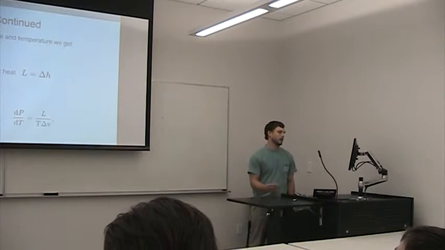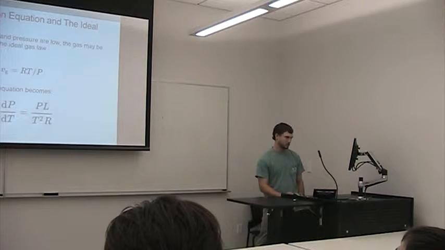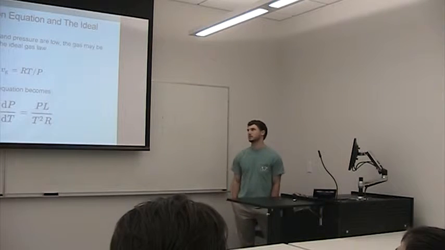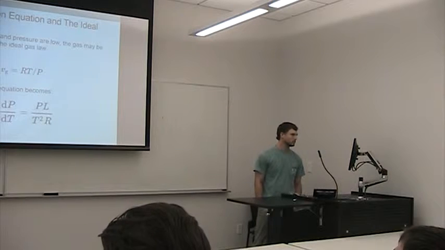What I read is that the Clausius-Clapeyron equation is when you use the R constant. But we'll be using the Clapeyron equation, which is what I just showed you.